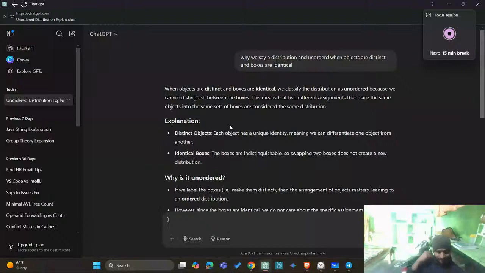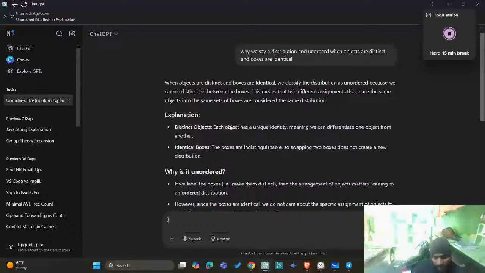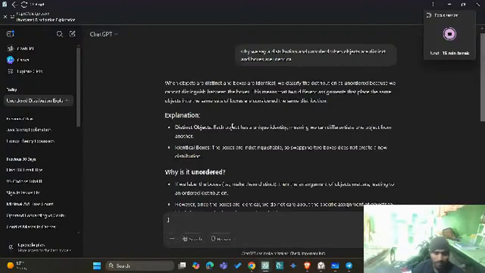Each object has a unique identity, meaning that we can differentiate one object from another. This is called a distinct object. The boxes are indistinguishable, so a swap does not create a new solution.